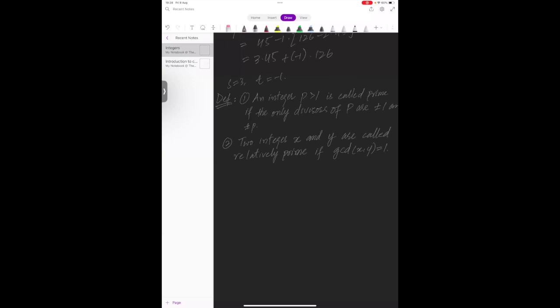So theorem 1.2.11: let x and y be non-zero integers.